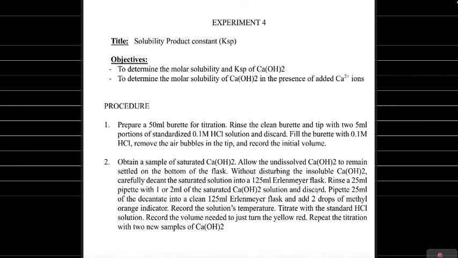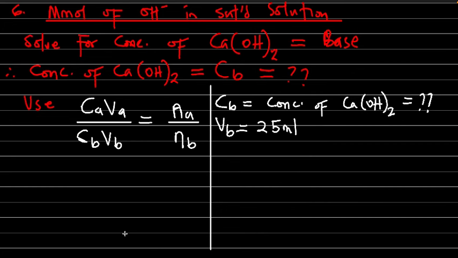Recall from this analysis, they had said pipette 25 ml of what you decanted from the previous flask that contains solid particles of the calcium hydroxide, such that the new solution will not have the solid, it's just the solution alone. So you took 25 ml of that calcium hydroxide, so that becomes the volume of the base.